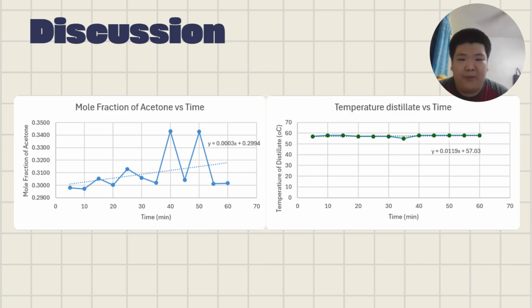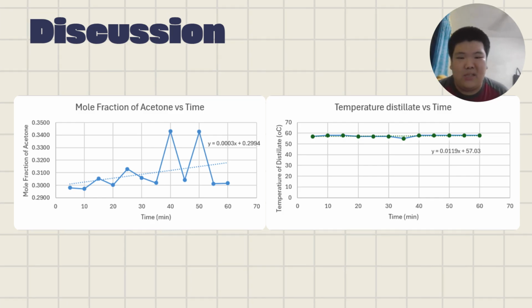And for the temperature of the distillate versus time, the temperature doesn't change much because the heat capacity of the mixture doesn't change much and the heat provided to the system is constant.